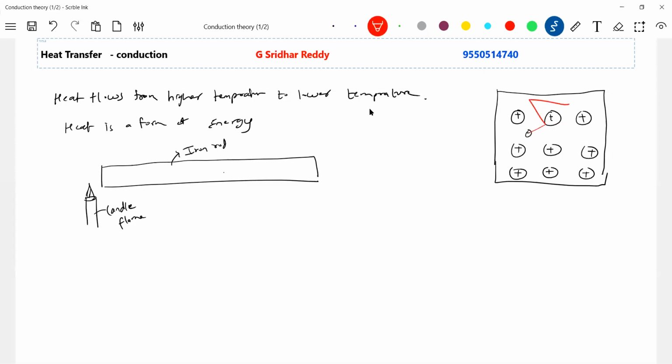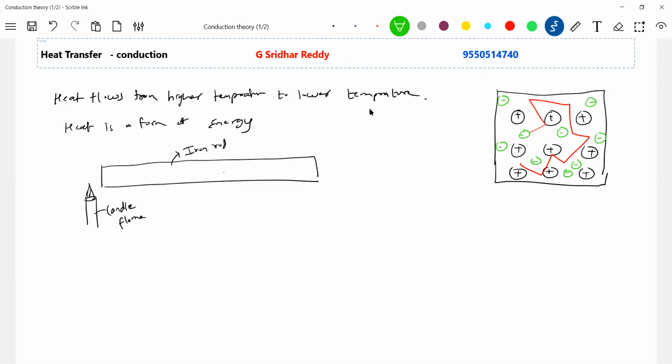What is the state of it? It will encounter collisions and keep moving like this. These are the free electrons, and this is a very basic idea. Free electrons are not in order, they are random. Here there are 6 atoms.